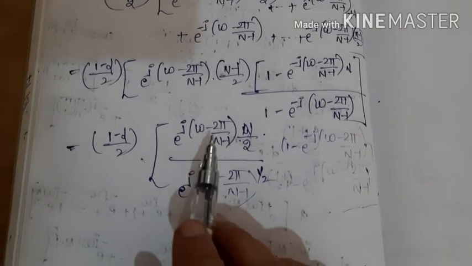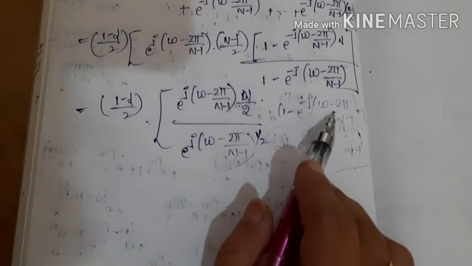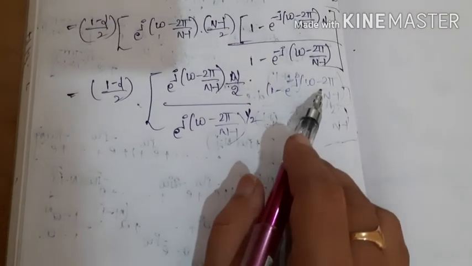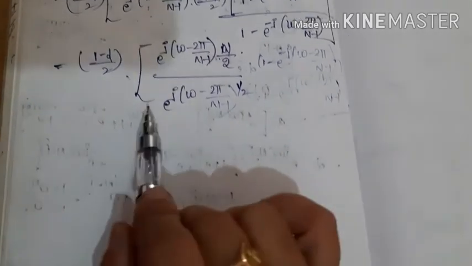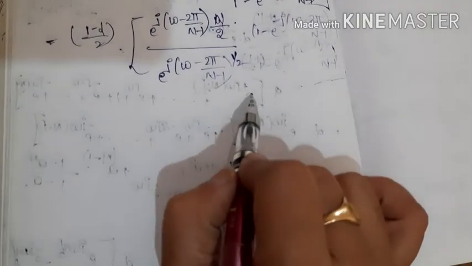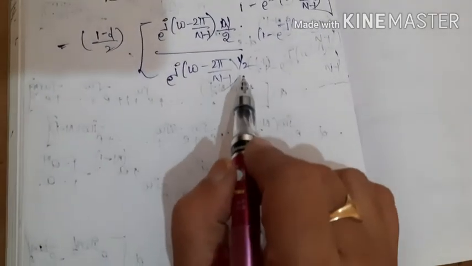Okay, next multiply this function inside, we'll get sine function by sine function, just like a sinc function.